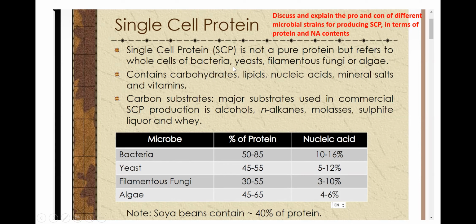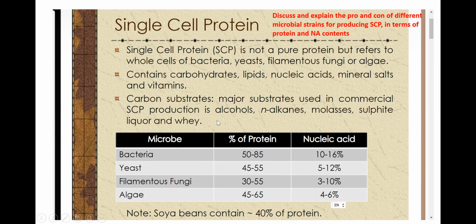This whole cell will contain carbohydrate, lipid, nucleic acid, mineral salt, and vitamins. However, our intention is to maximize the protein content. Often, it was also manipulated using genetic engineering to enhance the protein content.